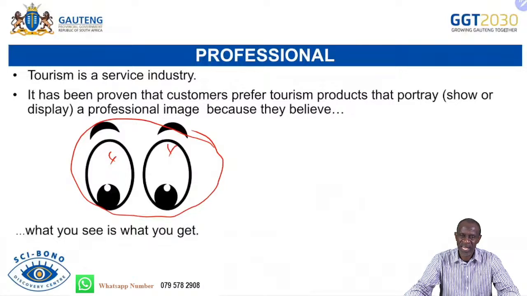How you appear, how you portray yourself, how you project yourself to the outside world plays a critical role in explaining what a professional is. The way you walk, the way you talk, all those are the elements that indicate professional image or professionalism.